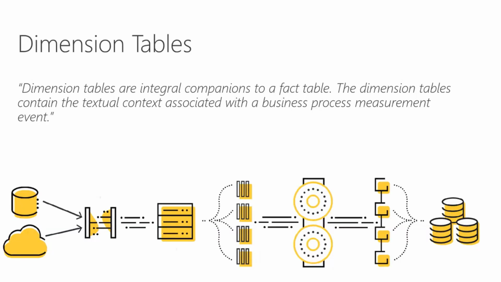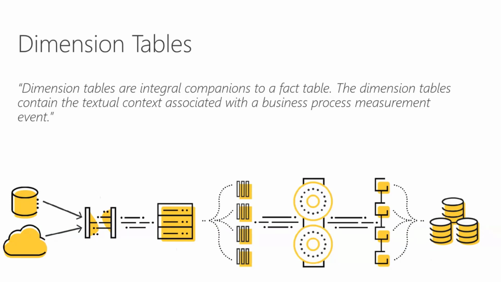It says the dimension tables are integral companions to a fact table. The dimension tables contain the textual context associated with the business process measurement event. Right. So if you don't understand what it says, keep in mind that dimensions are just an aspect of looking at a fact table, and they add meaning to the fact table.